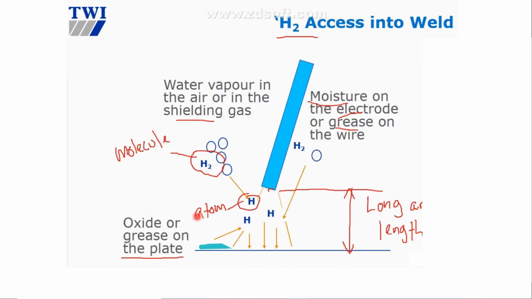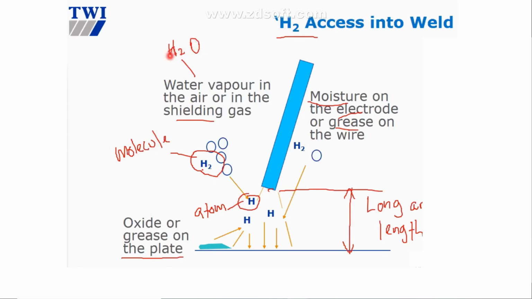Molecule means group, more than one, that's a molecule. All right. So what happened? During welding, when there is water or vapor, H2O is water, a combination of 2 hydrogen and one oxygen, right?